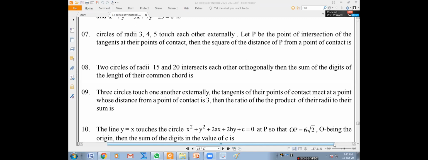Ninth one is quite similar. Please read the question, right? It is there on the screen.